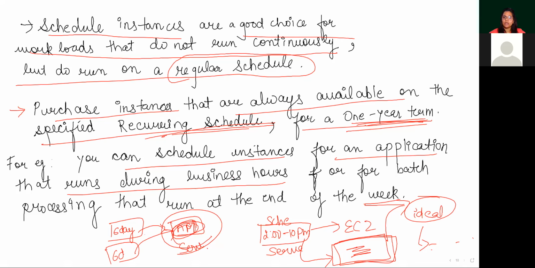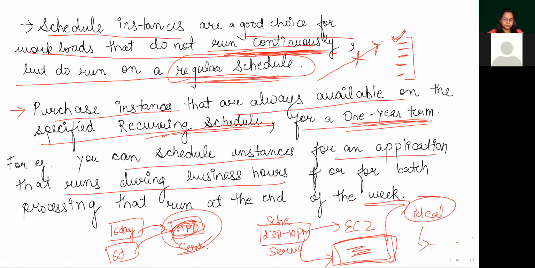That's why we were talking: it doesn't run continuously. We don't want it to run continuously, but it should run on a regular schedule. Daily it should happen. Regular means doing the same thing again and again. Continuously means you are continuing the same thing in a straight format. We don't want this. We want a scheduled instance for this type of application.